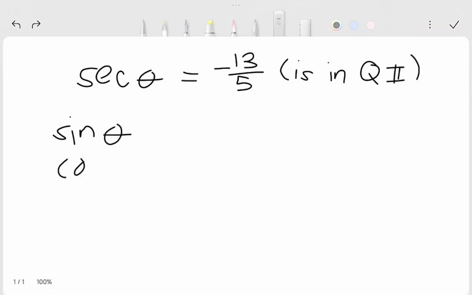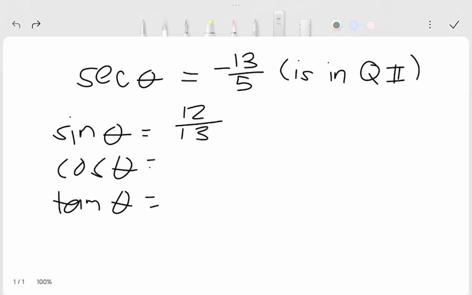So now let's proceed to the values of those 6 trigonometric functions. So our sine is 12 over 13, and its reciprocal, the cosecant, is 13 over 12.